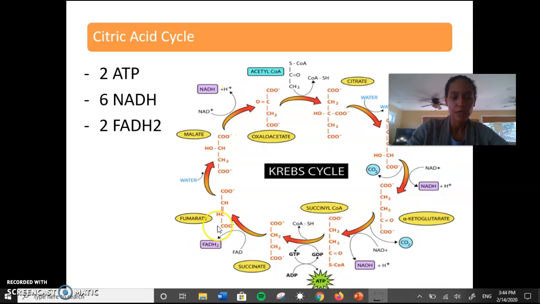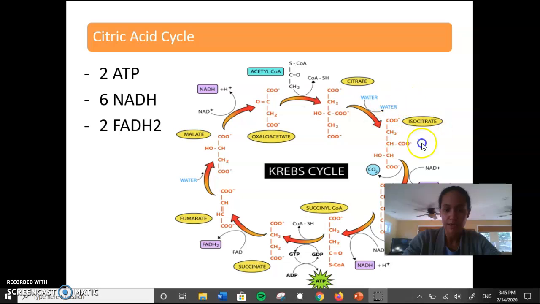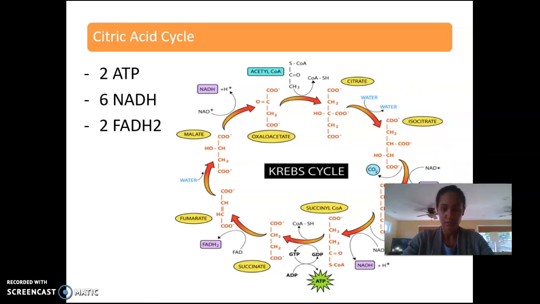And then the same goes for FADH2, and 2 FADH2s are going to be formed, as well as 2 ATP molecules in this reaction. The 2 molecules of ATP come from succinyl coenzyme A, and then the 6 molecules of NADH are from the oxidation of isocitrate, which is here, and from the alpha ketoglutarate and malate.